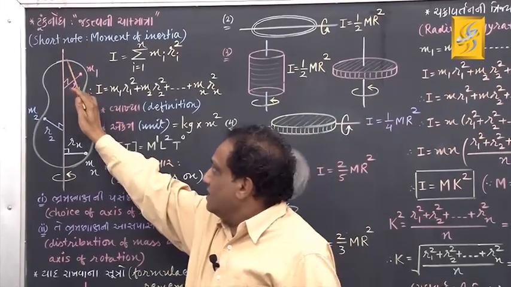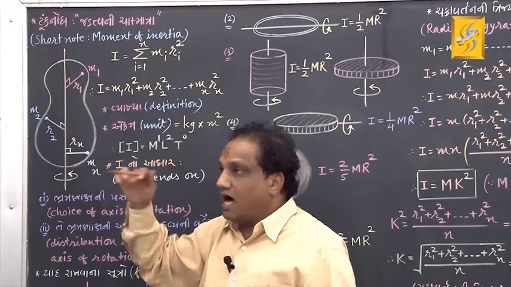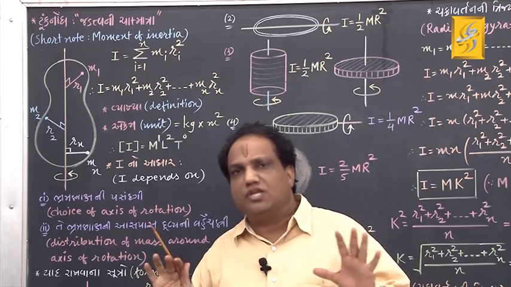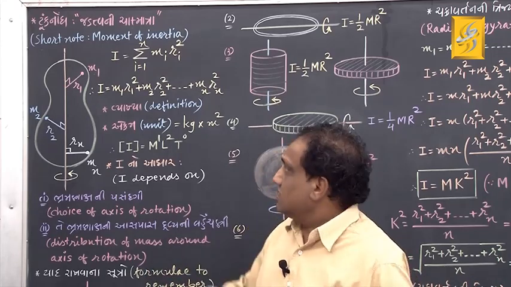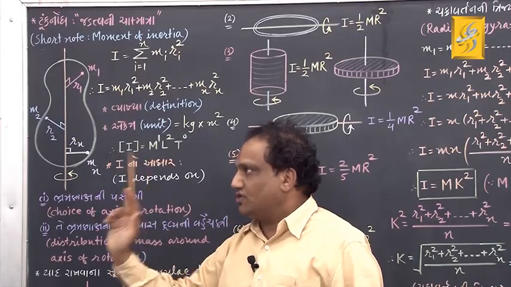Look, here is a rigid body, which might have any arbitrary shape. Arbitrary means random, you can select any shape, no problem. Suppose it is rotating about this stationary axis of rotation.